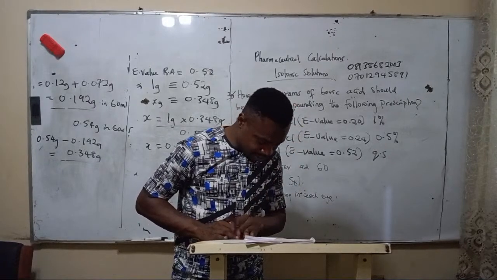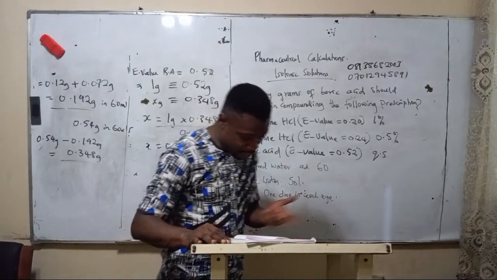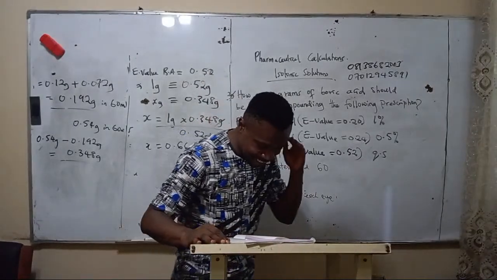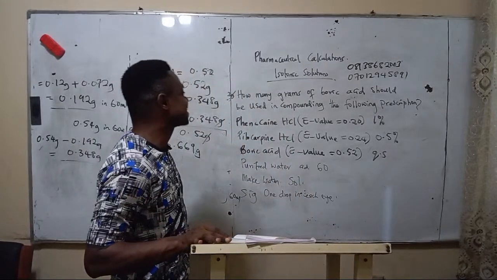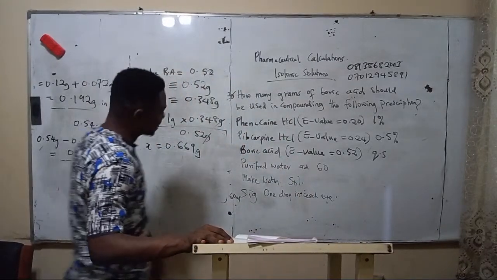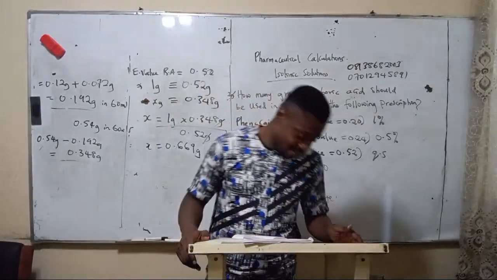And we actually got the answer: 0.669 gram of boric acid. So it's correct. Any question? We have 1 minute more.